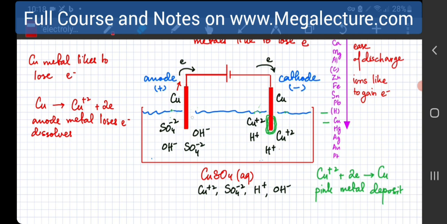And when it does that, the copper metal anode would start to dissolve. Because the copper would lose electrons, it will slowly disappear. The copper metal would dissolve and start forming copper ions. So the anode would slowly lose mass.